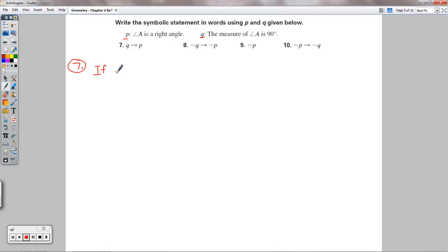Start off with Q. If the measure of angle A is 90, I'm going to shorten it up like that. I feel like I might be cheating a little bit there. I'll write it all out. If I were your teacher, I would say that's okay if you wrote it shorthand like that.